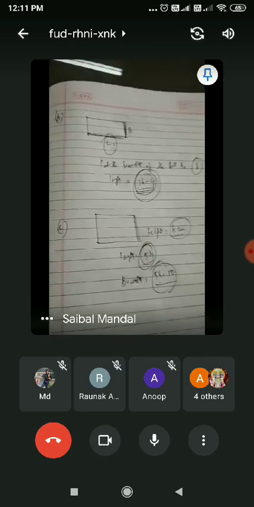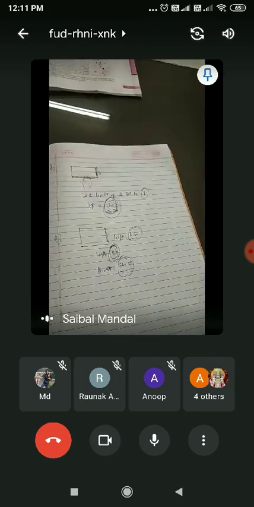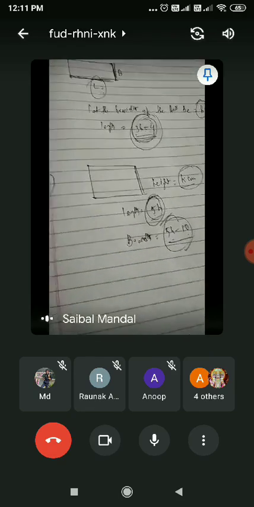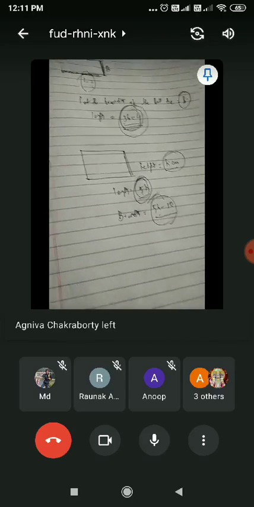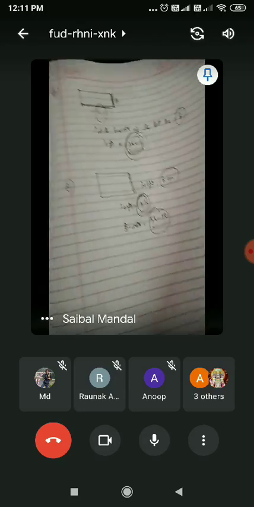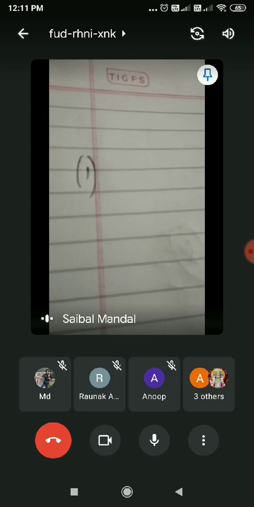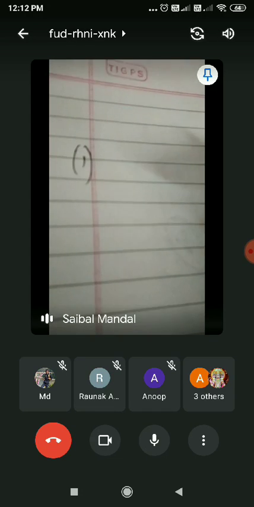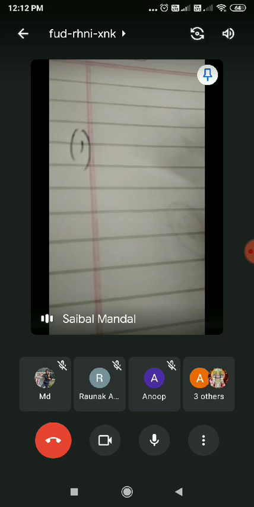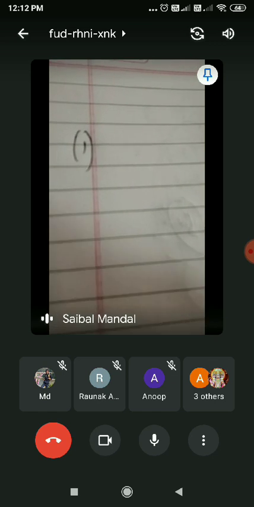Now, children, let's discuss exercise 11.4. The first question: given a cylindrical tank, in which situation will we find surface area and in which situation volume?